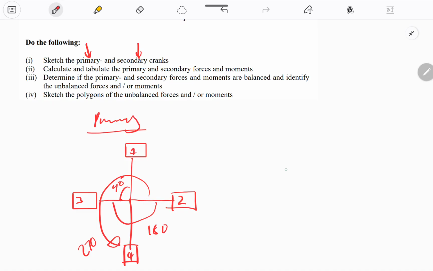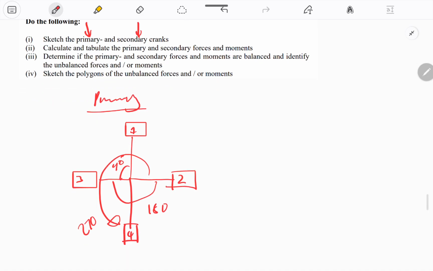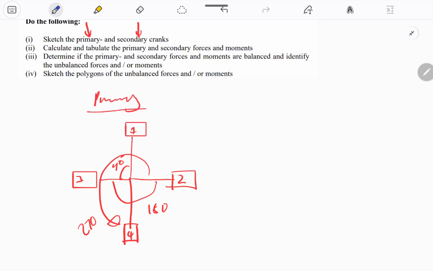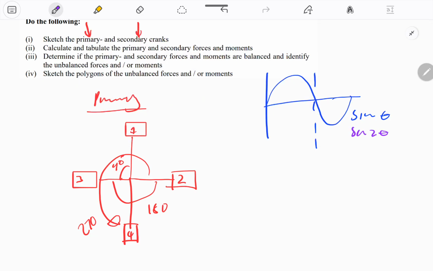Okay, so for the secondary sketch, whatever value is here, we just multiply it by 2. Remember, if this is sine theta, the center is around here, and sine 2 theta would look like so.